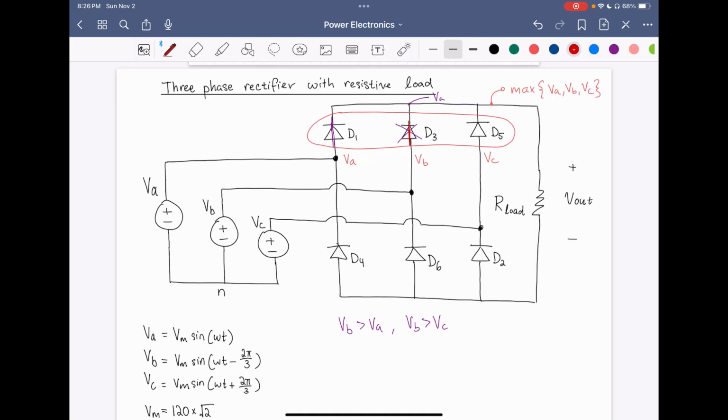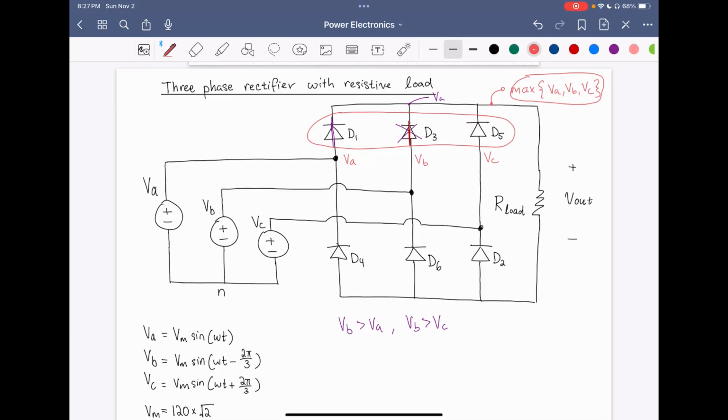So that's not possible because that would violate KVL. So this goes to demonstrate that of D1, D3, and D5, whichever one is connected to the maximum voltage of VA, VB, and VC conducts. And therefore, this node is the maximum of VA, VB, and VC.